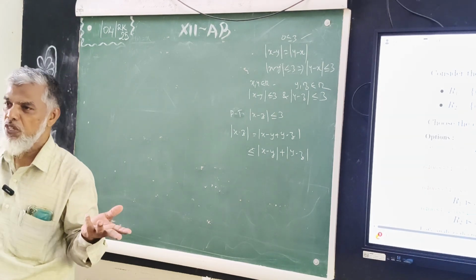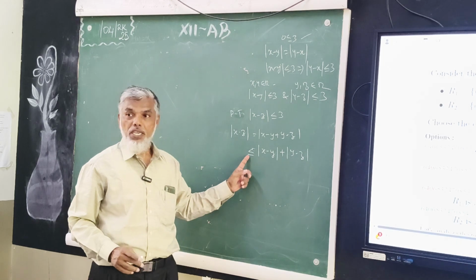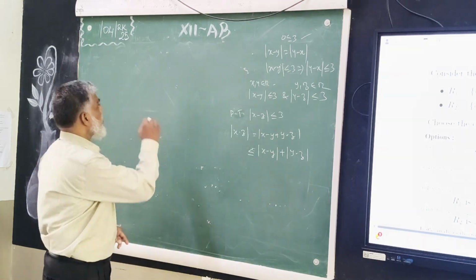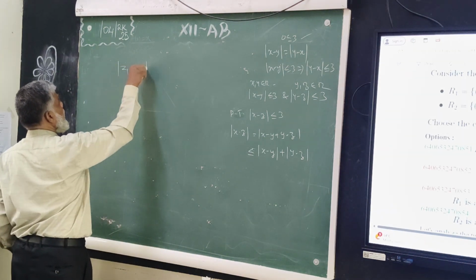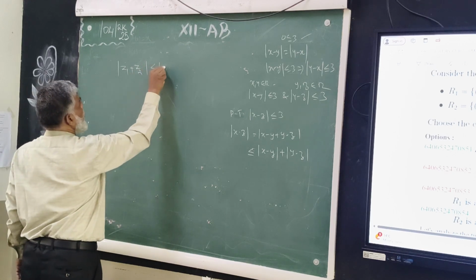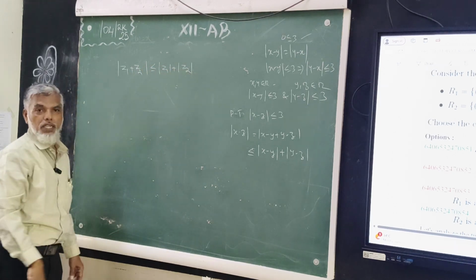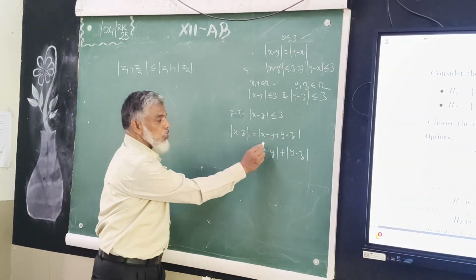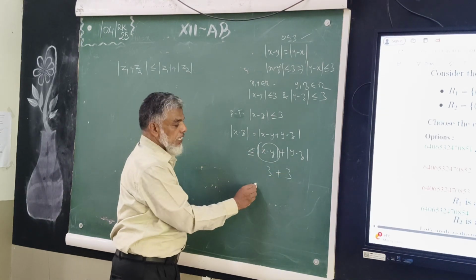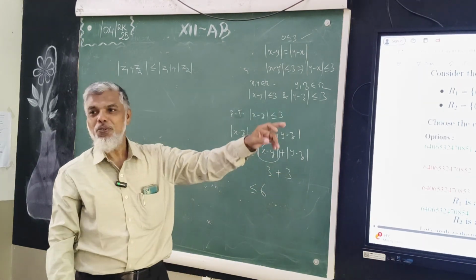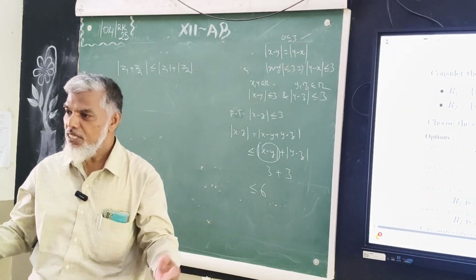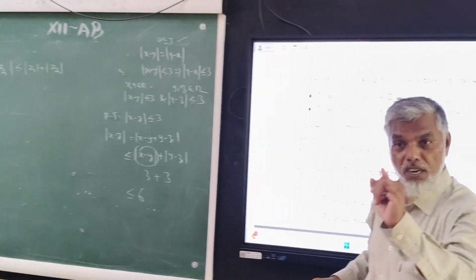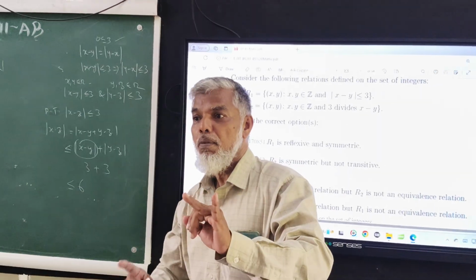You should have a strong background, otherwise you cannot use it. The triangle inequality: modulus of z1 plus z2 is less than or equal to modulus of z1 plus modulus of z2. So the sum is less than or equal to 6, but what we want to prove is 3. Is it transitive? No. Therefore, this relation is reflexive, symmetric, but not transitive.